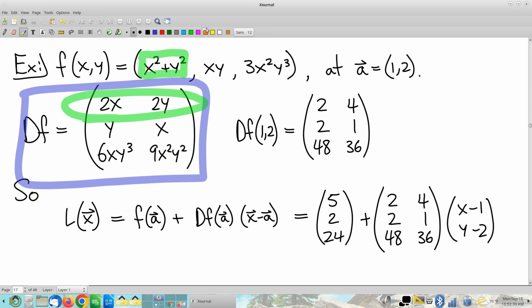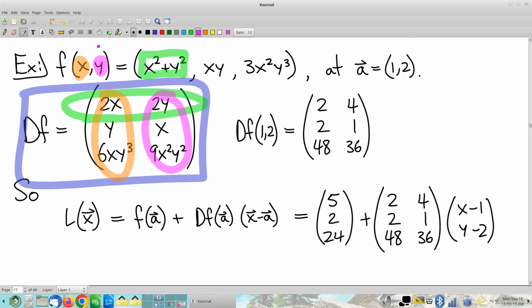The columns correspond to input variables. So all of the partials in that orange first column are all x partials. All of the partials over here are all y partials of the various output coordinates. So you can pretty easily confirm that this 2x is the x partial of x squared plus y squared, and this 2y is the y partial of x squared plus y squared.